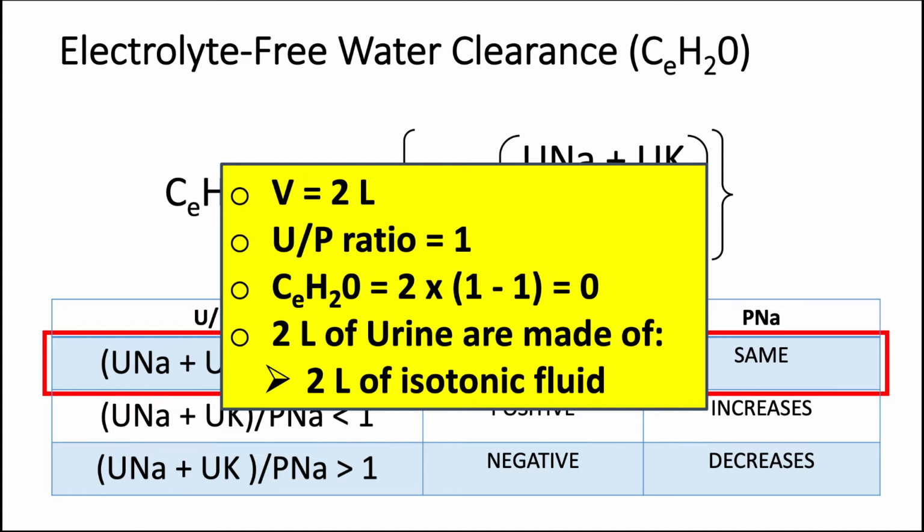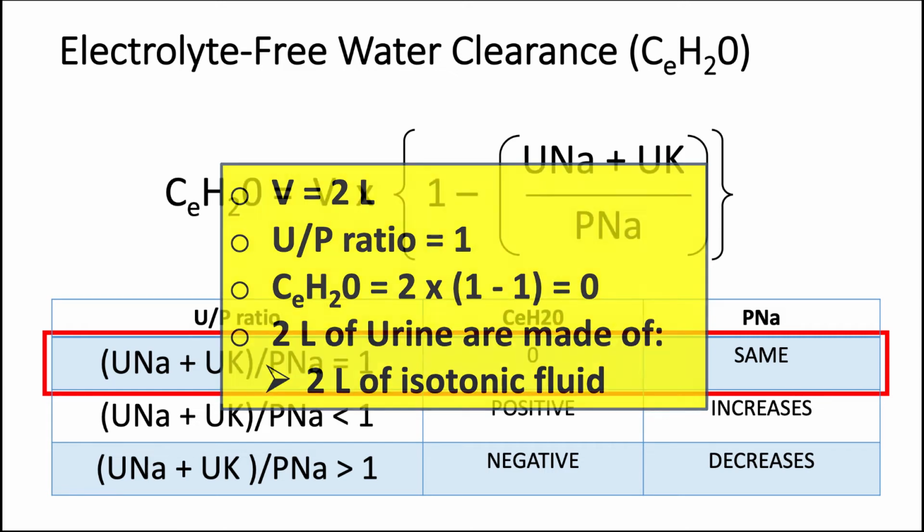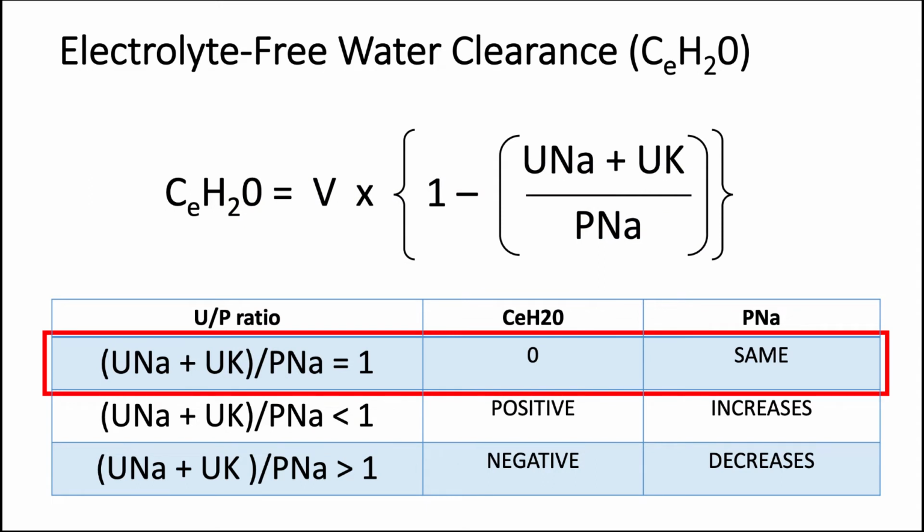The patient is making 2 liters of urine. Yes, but those 2 liters of urine are isotonic to plasma. So that means that you're losing urine that has the same concentration of sodium and potassium, solids in general, as the plasma. And therefore, if you don't lose any free water in the urine or gain any free water, then your plasma sodium should not change, should stay the same.